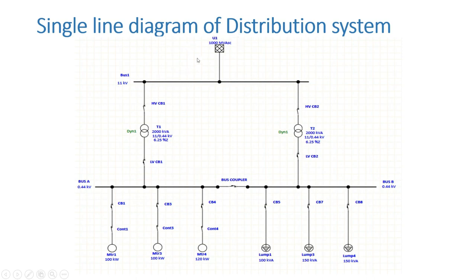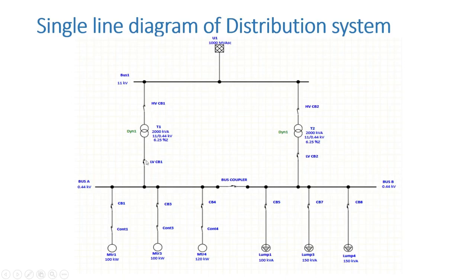So now we will see the single line diagram of the distribution system. As we know, the power is received from the main substation, somewhere from the power generating areas. It could be a power plant or any other substation. From there they are getting an 11 kV cable connected to the 11 kV switch gear. From the 11 kV main substation, the outgoing feeder is connected with one HV circuit breaker and it is connected with the transformer.